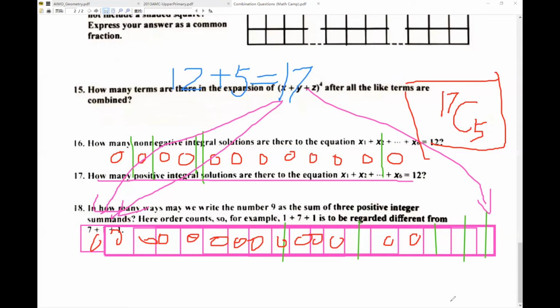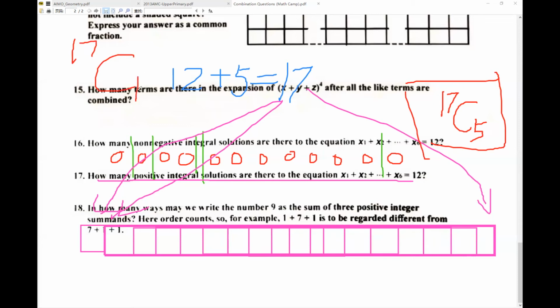It doesn't matter if we put in the circles first, it's the same way. If we don't put the bars but put in the circles first, the total is 17 choose 12.